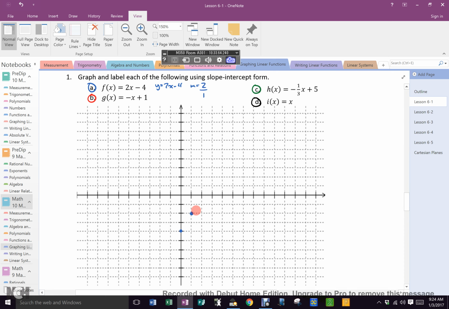Now, could I do that again? Yeah, because it's going to make a line. Up 1, 2, over 1. Up 1, 2, over 1. Can I go the other way? Yeah, but they both have to be negative, don't they? So I could go down 2 and -1. Does everybody get it?